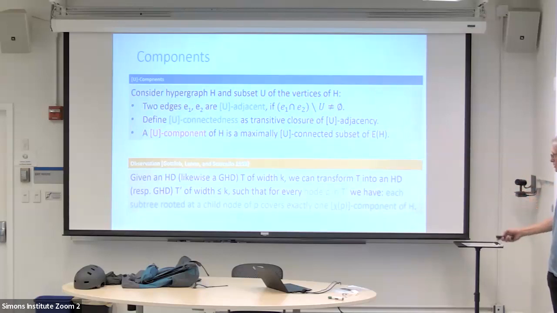another decomposition T prime, which does not have a worse width, but now has the property that below every node, all of the subtrees rooted below this node cover exactly one of the components that you generate by the bag.